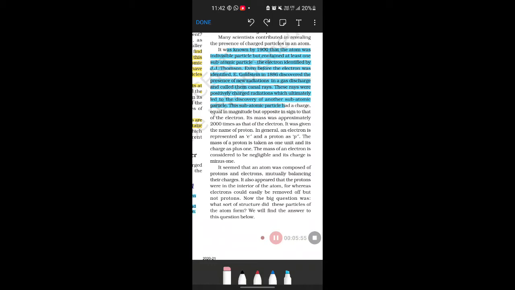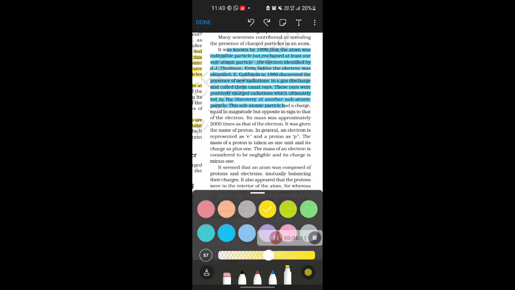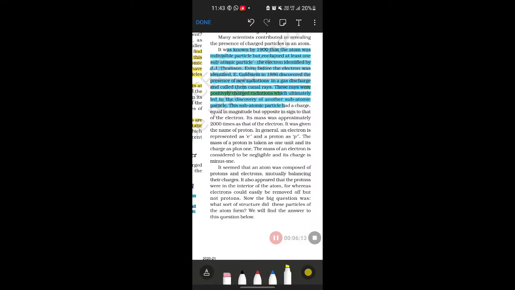What did he call them? Sir E. Goldstein in 1886 discovered new radiations in a gas discharge and called them canal rays. These rays were positively charged, which ultimately led to the discovery of another subatomic particle.